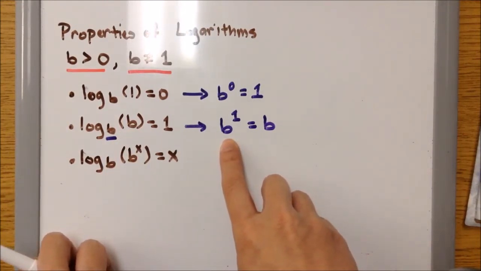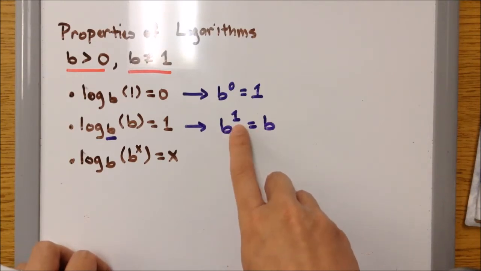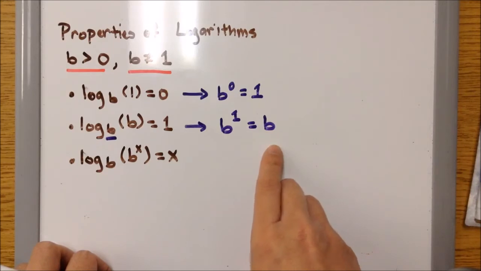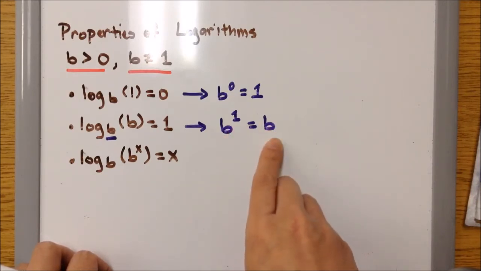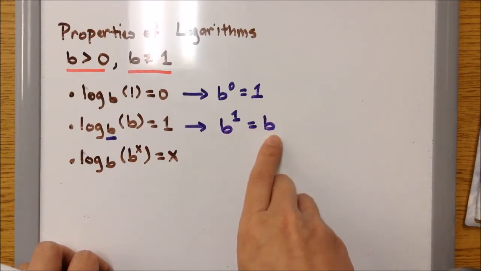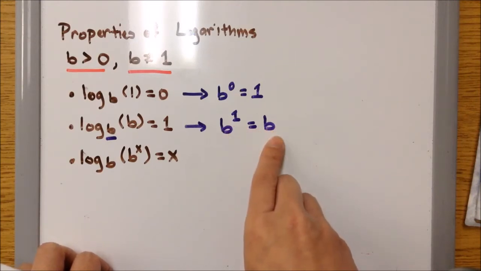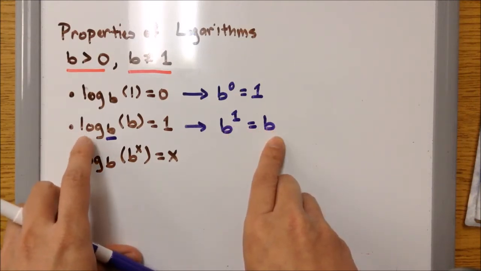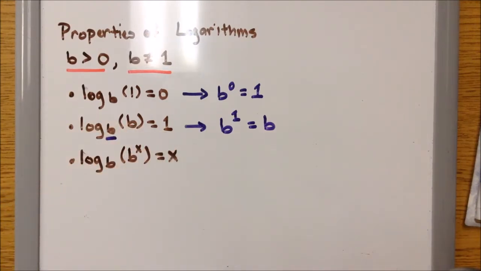Again, any base such as 6, so 6 to the 1 power will be 6. If it was 9 to the 1 power, then it would be 9. If it was 3 to the 1 power, it would be 3. So whatever the base is that's powered by 1, it will be the same base, which is why log base b of b will always equal 1.